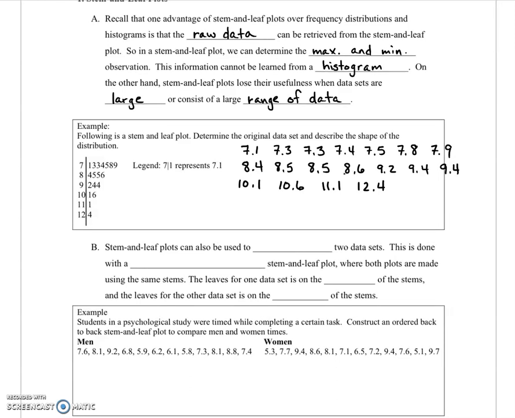How do we determine the shape of the distribution? Well, if you recall, we said in the last section that a stem and leaf plot kind of looks like a histogram on its side. So if we were to rotate this 90 degrees to the left, we would have something that looks approximately like this.